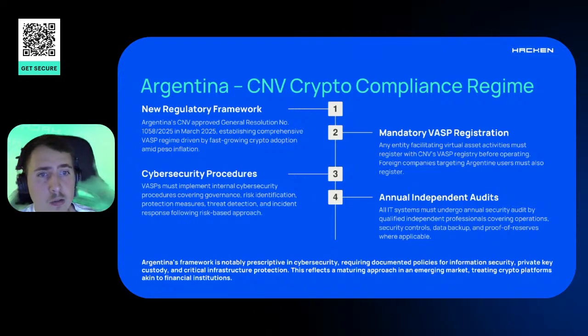And annual independent audits: all IT systems must undergo an annual security audit by a qualified independent professional, covering operations, security controls, data backup, and proof of reserves where applicable.